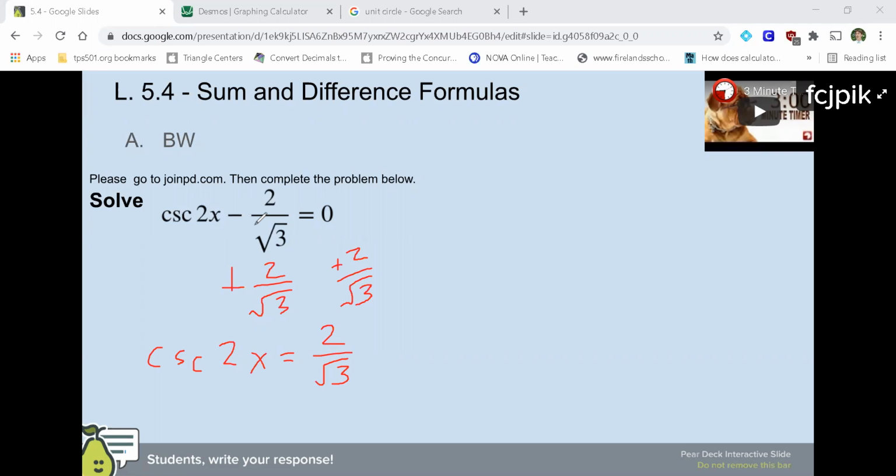And then the next thing I would do is get rid of the cosecant, right? Which I would do by taking the inverse. All right, and then how do I find the cosecant inverse of 2 over the square root of 3? What does cosecant tell us on the unit circle?